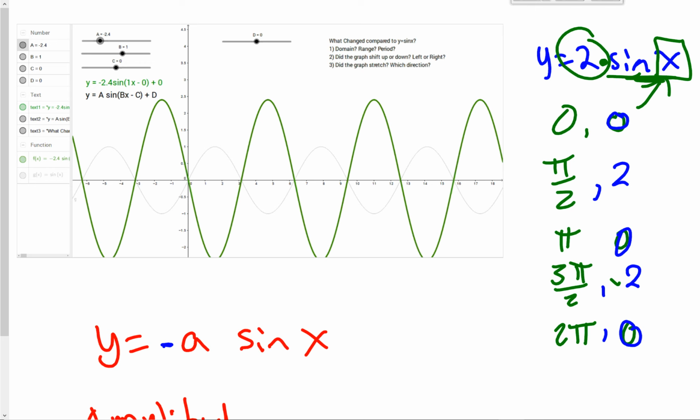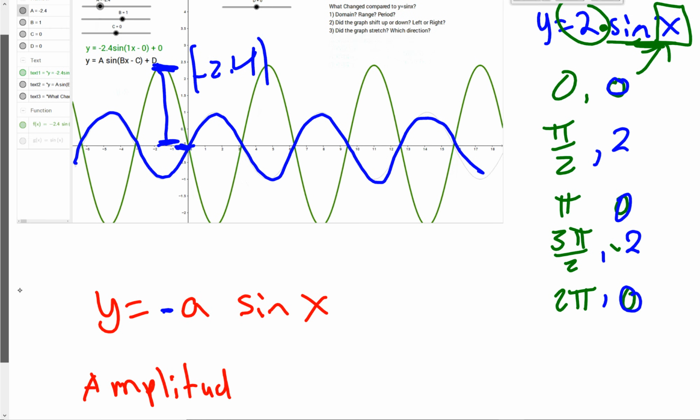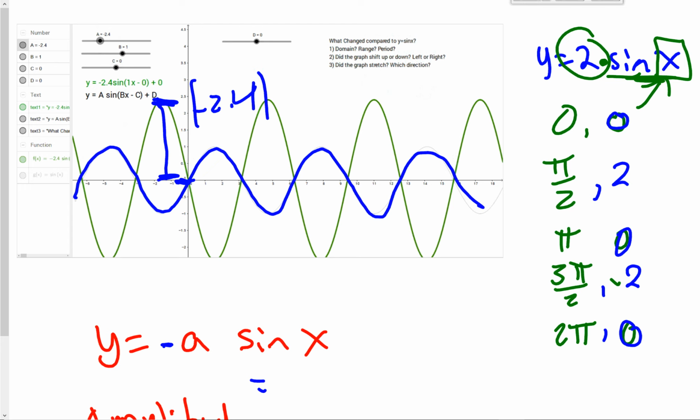Here's the original sine, and here's our a of negative 2.4. The distance from here to here, that's our amplitude. That's just the absolute value of a. So if there's a negative in front, it's just positive.